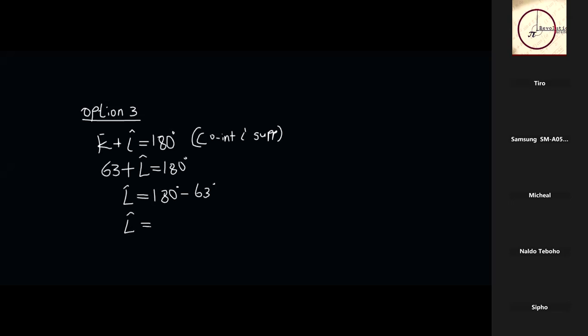And then the last option. Actually, there are 5 ways, but let me show you the last option. This one is very important again. Angle K plus angle N plus angle M plus angle L equals 360 degrees.